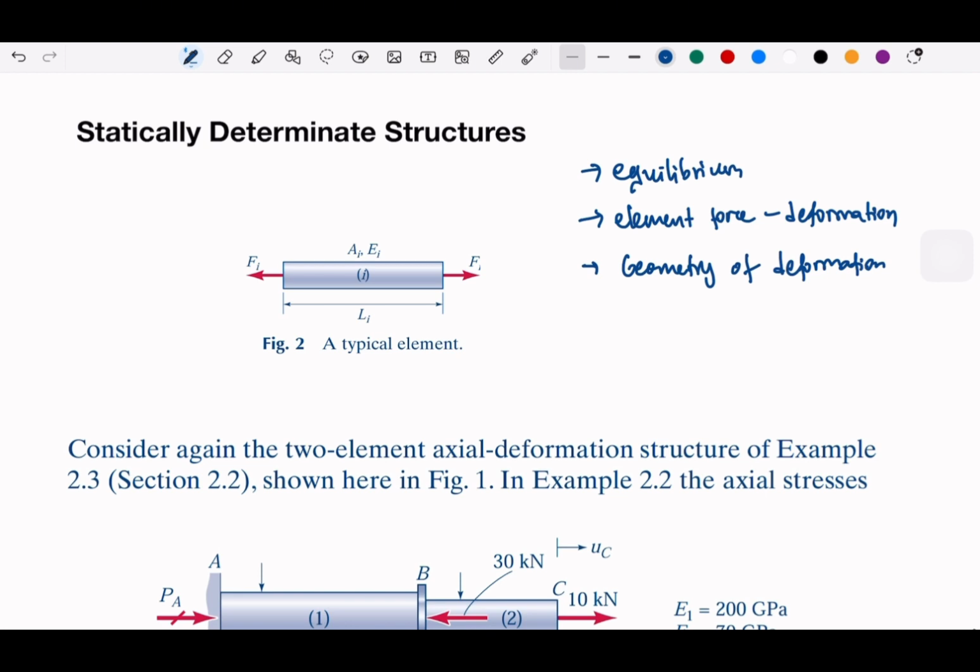So we have F, L, A, E. The delta is equal to FL over AE. That's basically all the elements that we need for axial deformations. Now, what we need further is to observe what will be the equilibrium. Suppose that maybe we have F here, F there, or maybe we have only F here and maybe we have reaction forces.